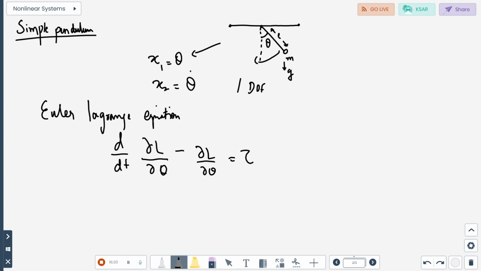So this equation represents a system of second order differential equations. Wherever we are using second order ordinary differential equations, we can use the Euler-Lagrange equation, or even extend that to fourth order differential equations, and so on.